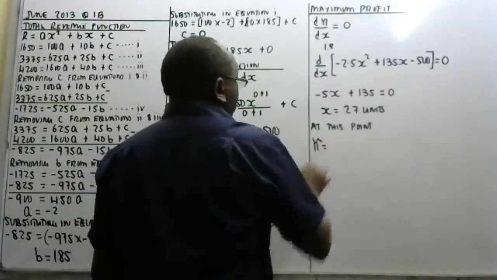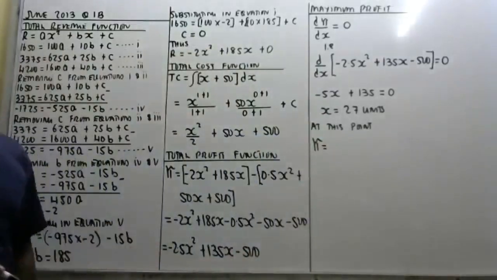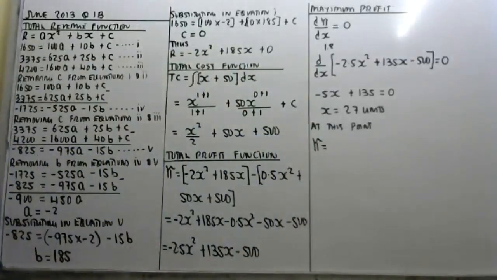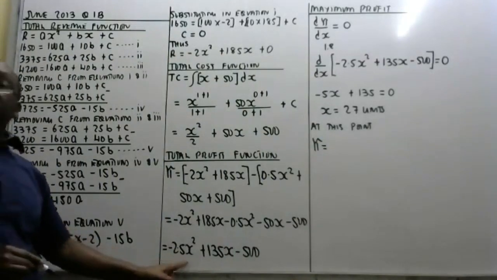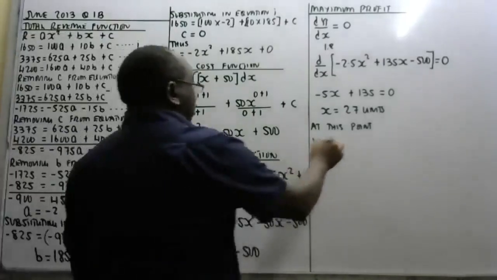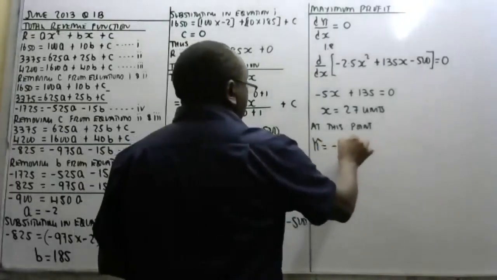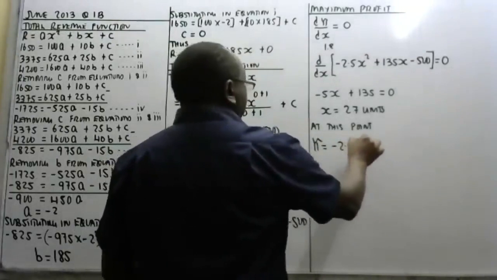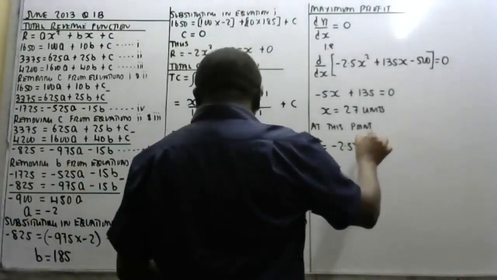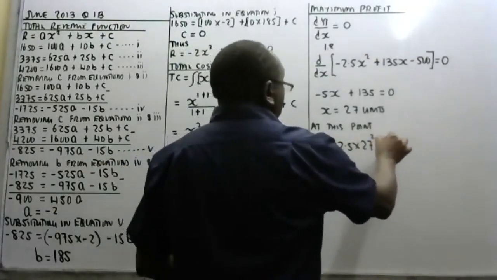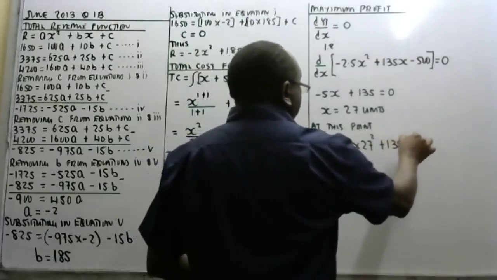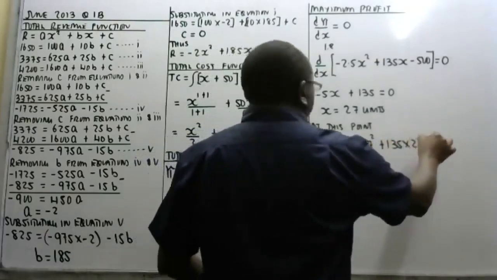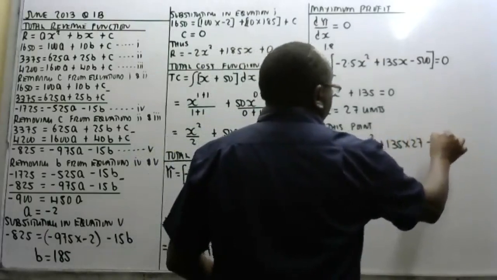So at this point, profit will be equal to, you now substitute that value into our profit function, which was minus 2.5 multiplied by 27 squared plus 135 times 27 minus 500.